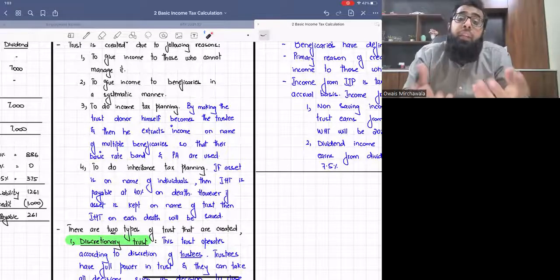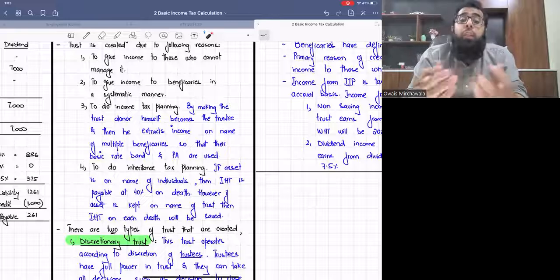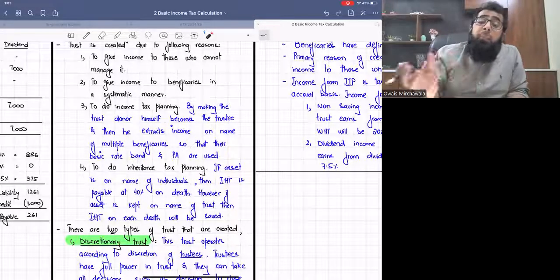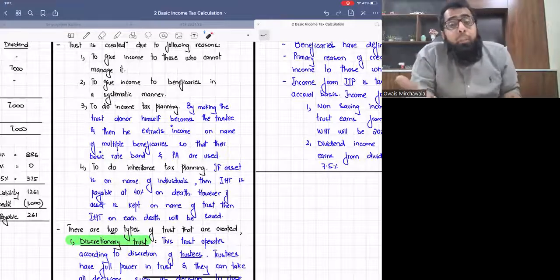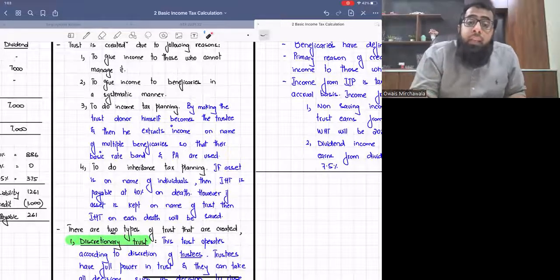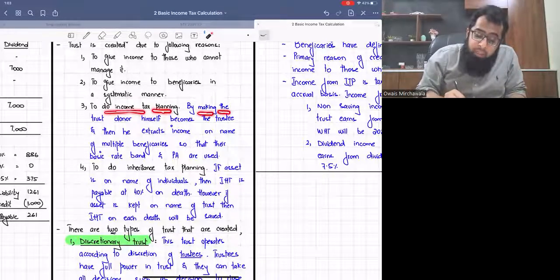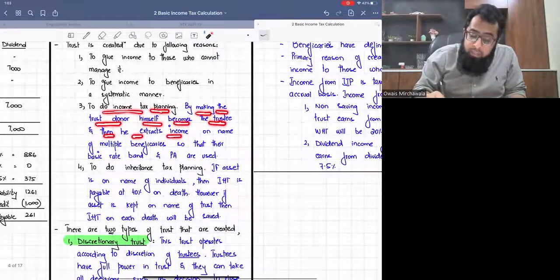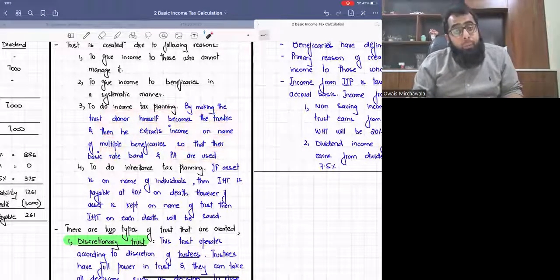So the question is, if he himself is the trustee, why did he create a trust? He created a trust so that he can distribute the income in the names of multiple beneficiaries from his own family. By doing this, he will be able to use their personal allowances and basic rate bands. To do income tax planning by making the trust, the donor himself becomes the trustee, and then he extracts income in the names of multiple beneficiaries so that their basic rate bands and personal allowances are used.